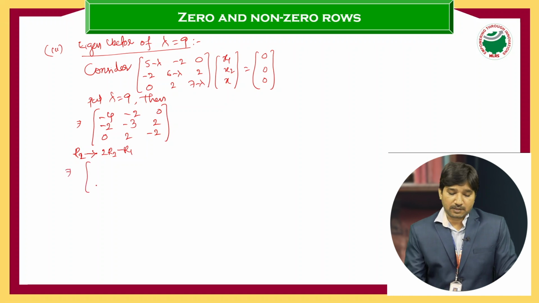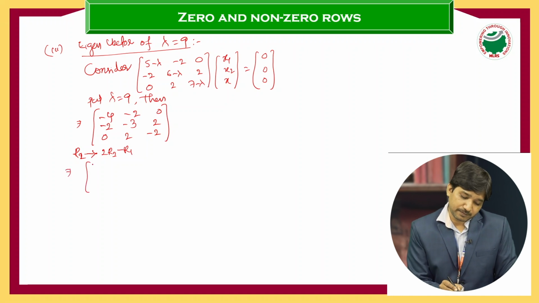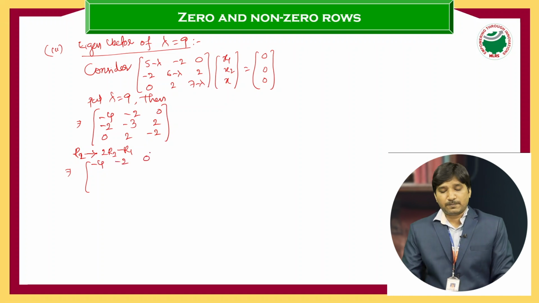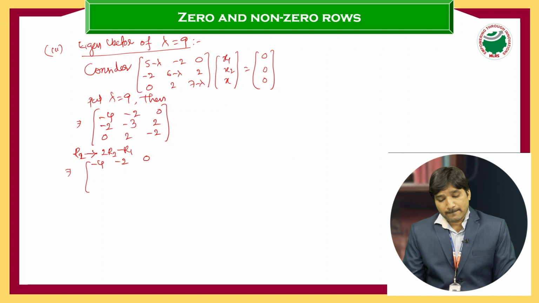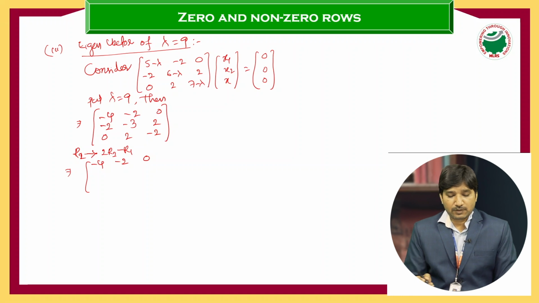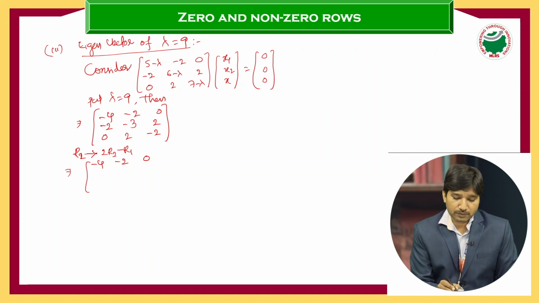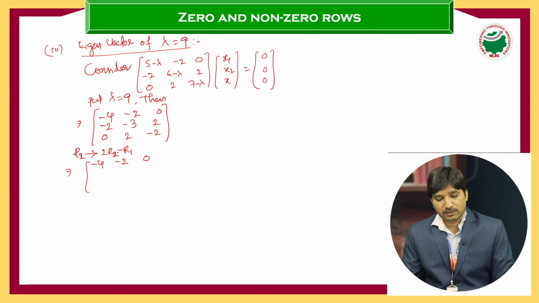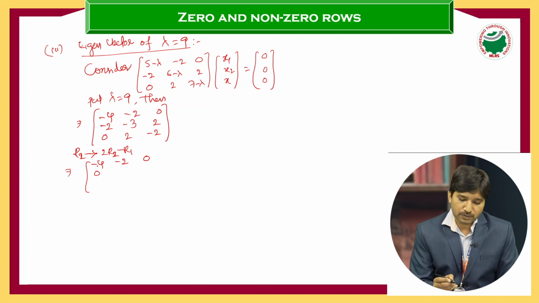Therefore, the first row is the same: minus 4, minus 2, 0. For the second row, applying 2R2 minus R1: minus 4 plus 4 is 0.